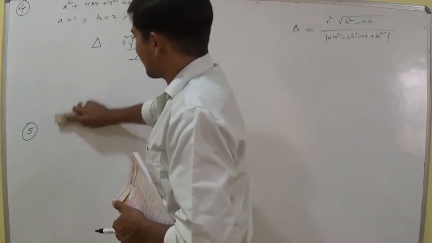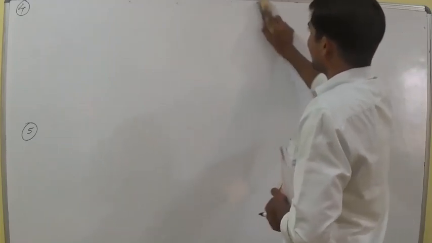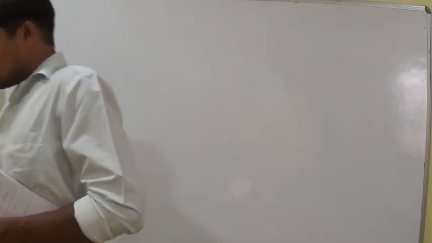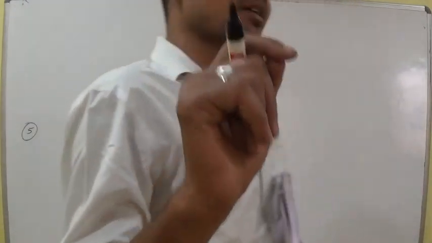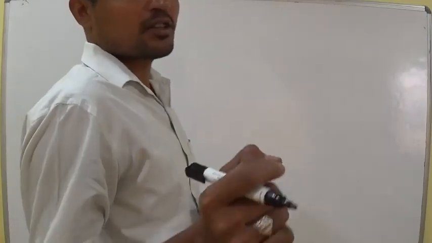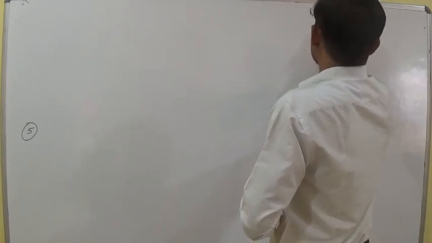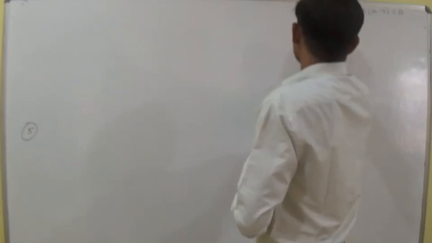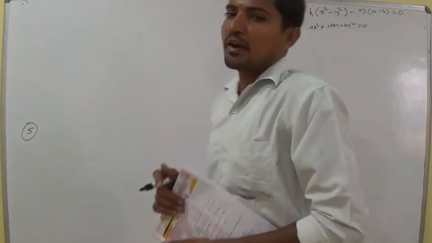See, if L is equal to 0 represents the pair of lines L1 equal to 0 and L2 equal to 0, then the combined equation of the bisectors of L1 equal to 0 and L2 equal to 0 is h into x square minus y square minus xy into a minus b is equal to 0, when ax square plus 2hxy plus by square is equal to 0 represents a pair of intersecting lines.